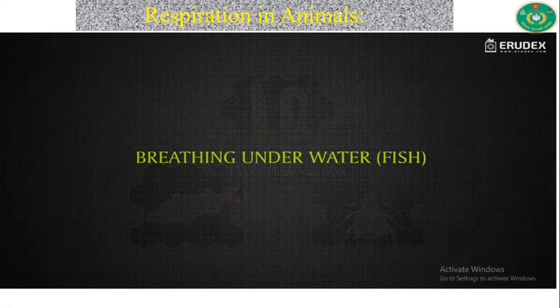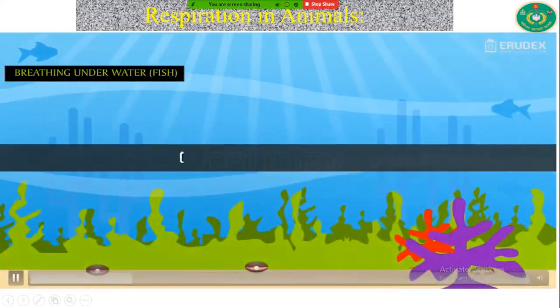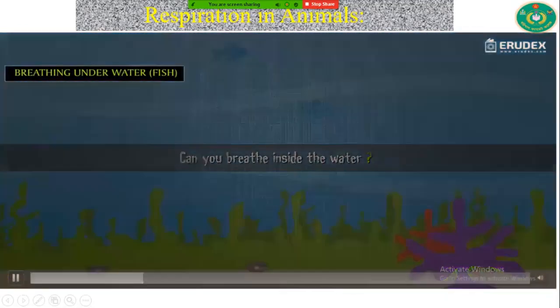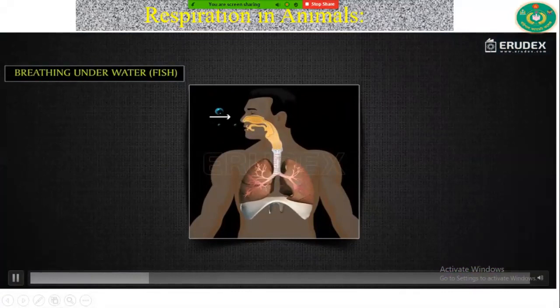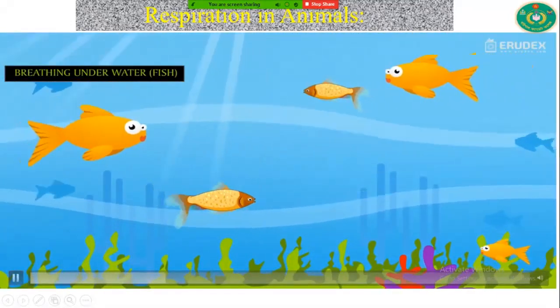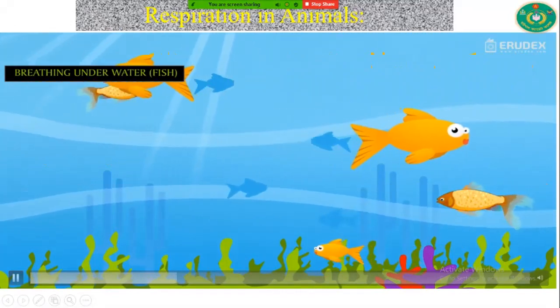Breathing underwater. Fish. Can you breathe inside the water? No, the water gets inside your lungs. But how can organisms living in water survive? How can they breathe underwater?